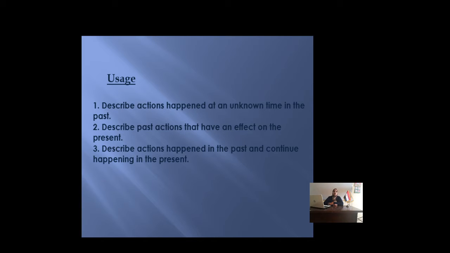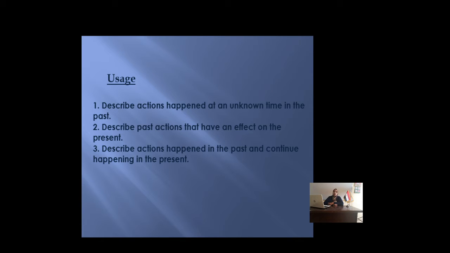Also, when something gets wet, you have the result that it is wet at some time. You don't know exactly when. Then it will last for a period of time, and you don't know for how long. So you describe past actions that have an effect on the present, and you don't know when it will end.